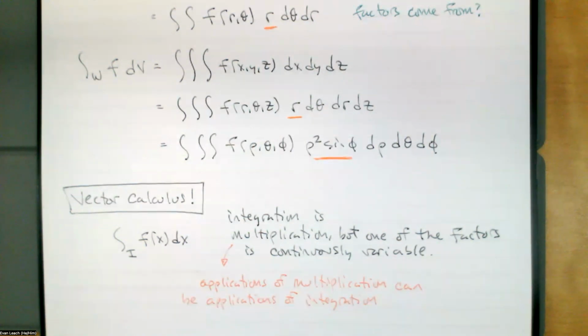Integration is multiplication, but one of the factors is continuously variable. We know how to deal with this. We take care of the continuously variable part by assuming our function is constant for small changes in the other variable. That's how we framed integration.